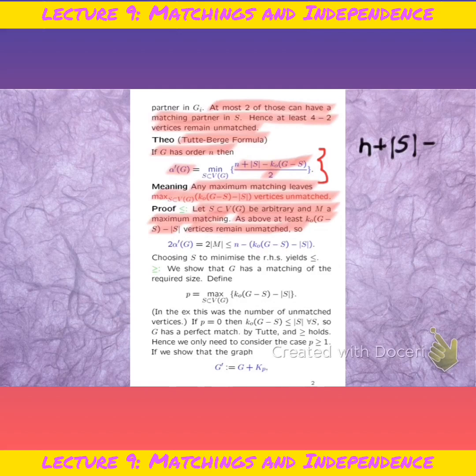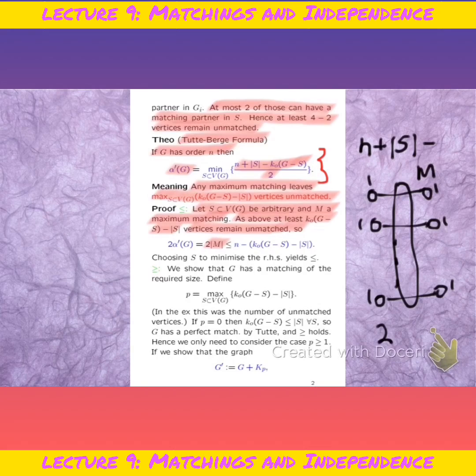Right, so in the maximum matching, counting the vertices, in a matching of cardinality M, how many vertices will be at play? If I count the number of edges there, that's going to be M edges. And if you count the number of vertices, you're counting 2M vertices, right?